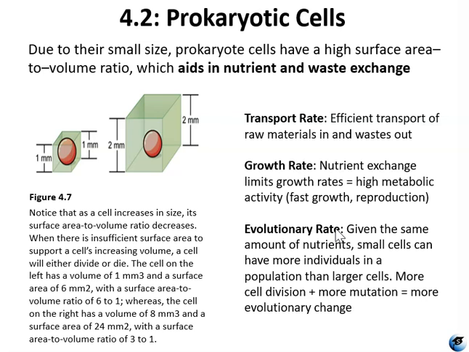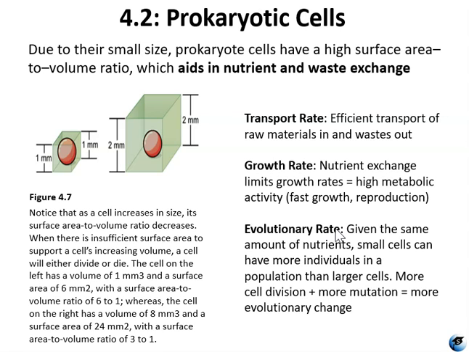Some terms to know here are transport rate, growth rate, and evolutionary rate. The transport rate is the rate of the movement of raw materials into and waste out of a cell. Growth rate is how fast a cell grows, which is limited by the transport rate. High growth rate results in increased metabolic activity and cell reproduction.